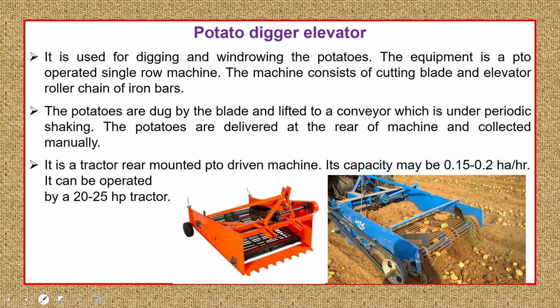In addition to this, there are other harvesting machines, like the ginger harvester and onion harvester. They have some components similar to the potato digger and groundnut digger, but there are some other accessories that come with the particular crop's requirements.